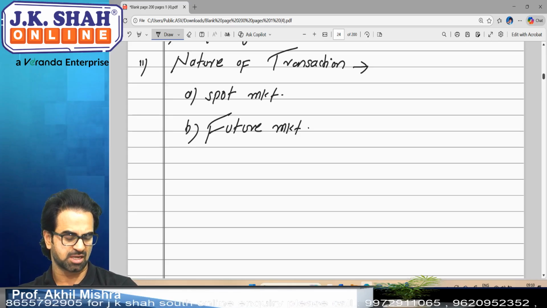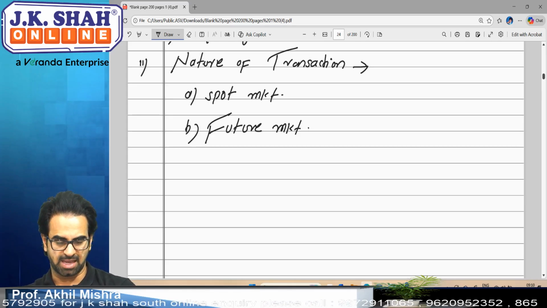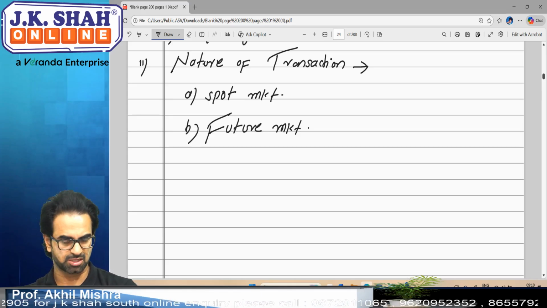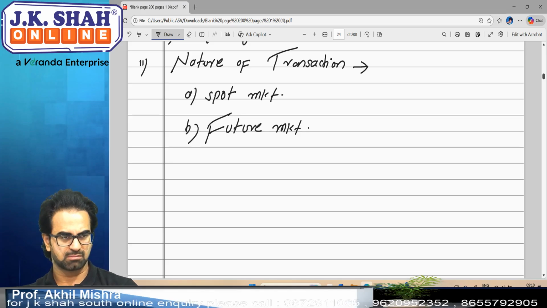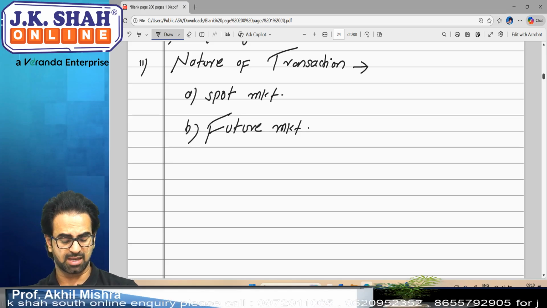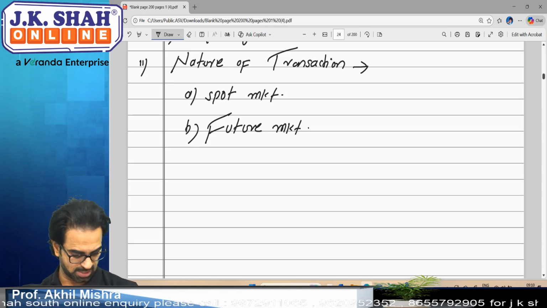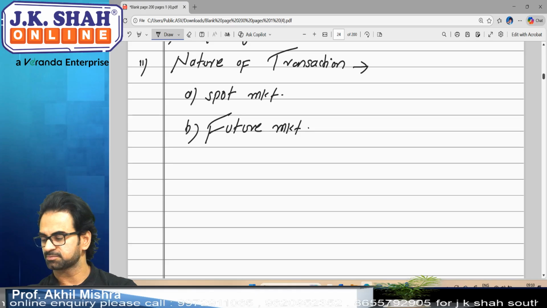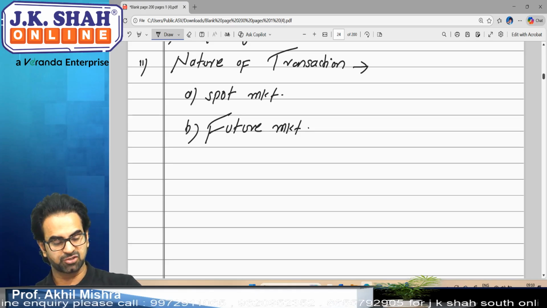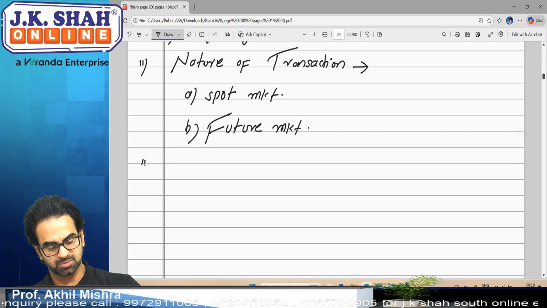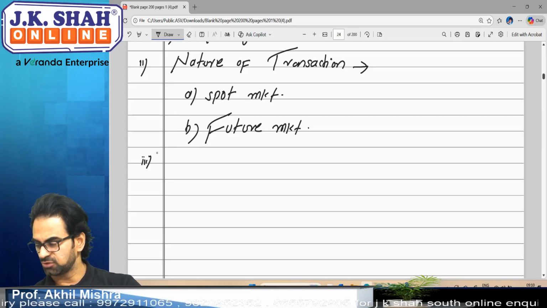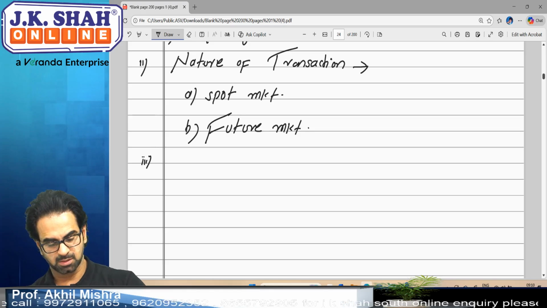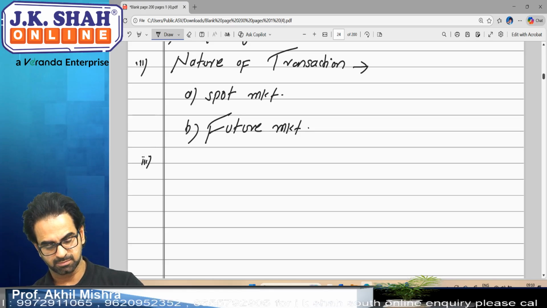The terms and conditions have already been decided in the past, and with the same terms and conditions, we do the transaction settlement. The settlement is buying and selling. You give him goods, he gives you money, and so this is future market. It depends on the nature of transaction. Spot and future. Understood? Spot means on the spot. Future means in the future.